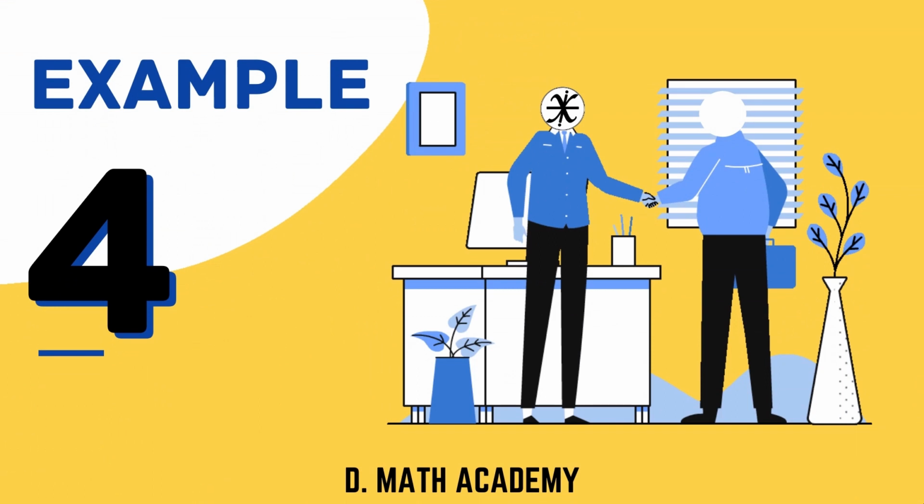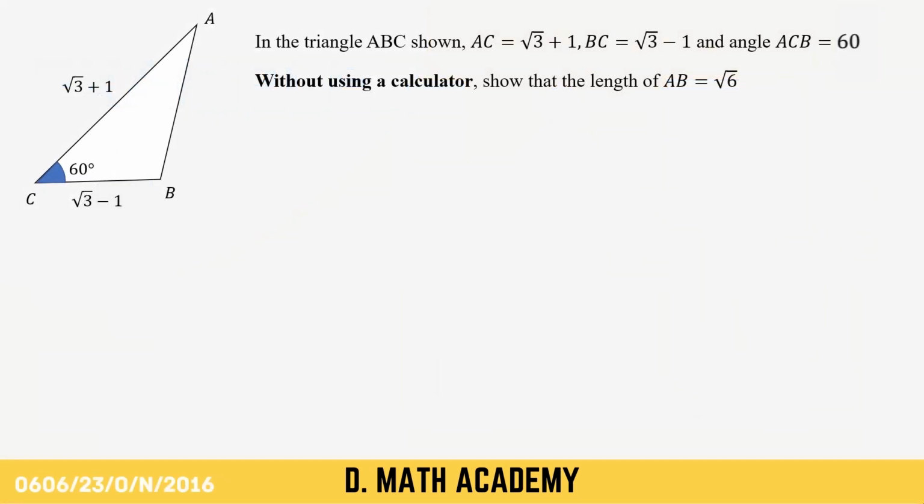Moving on to the last example that we have here is the incorporation of cosine rules. So in triangle ABC, AC is square root 3 plus 1, BC is square root 3 minus 1, and angle ACB is 60 degrees. Without using a calculator, show the length of AB equals square root 6.